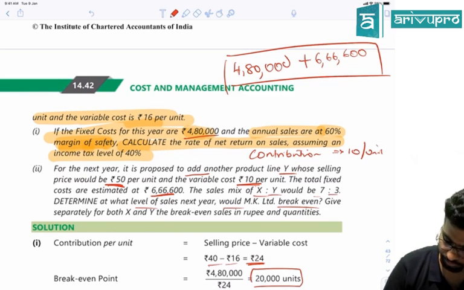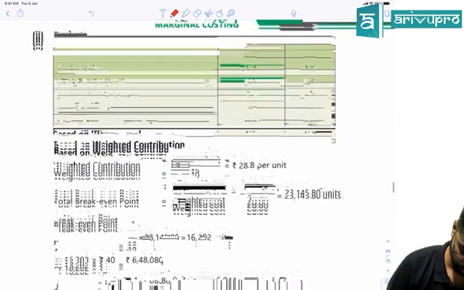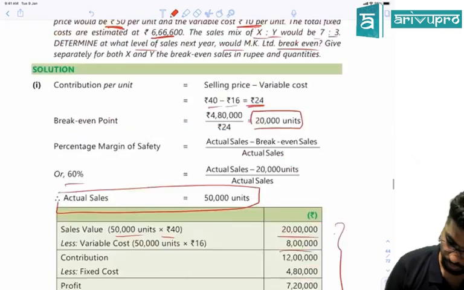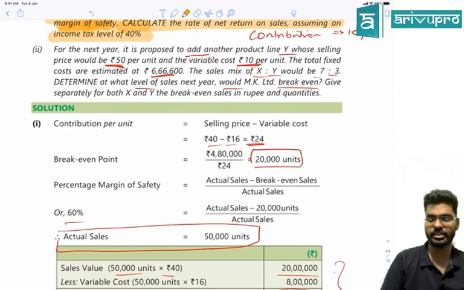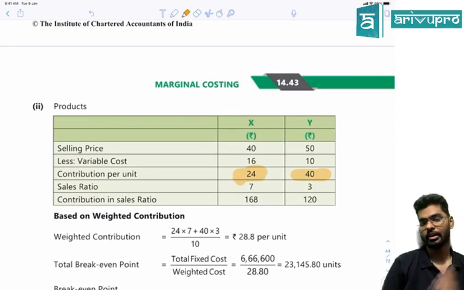If I add up both... sorry, they have already given the total fixed cost. So it's already taken into consideration, 6,60,000. So what I'll do is first I'll find the contribution per unit, which is 24 and 40. I know my sales ratio, so I'll find the combined contribution.